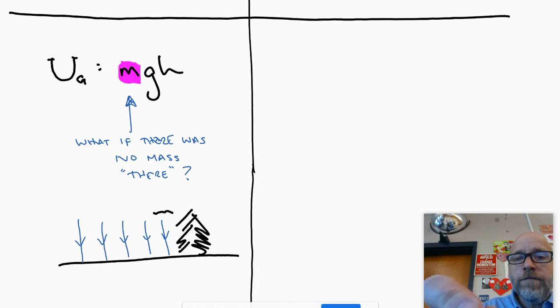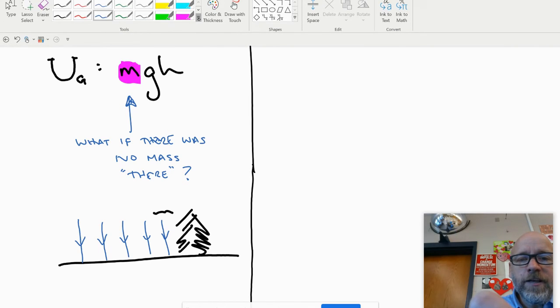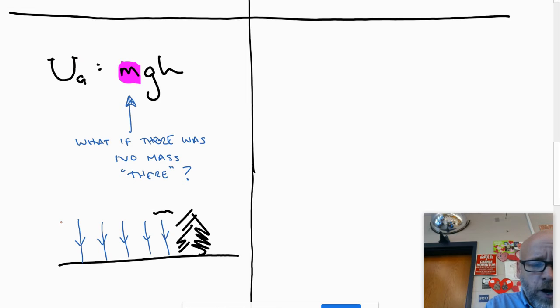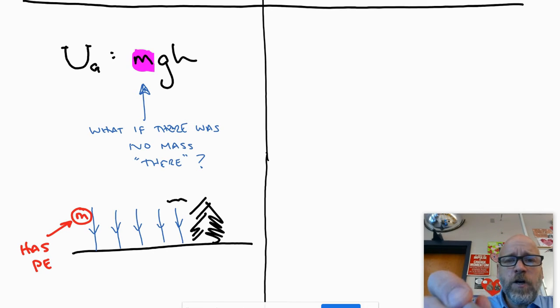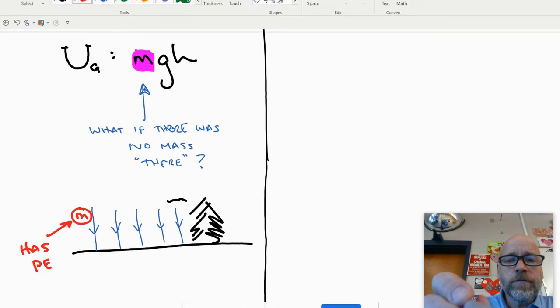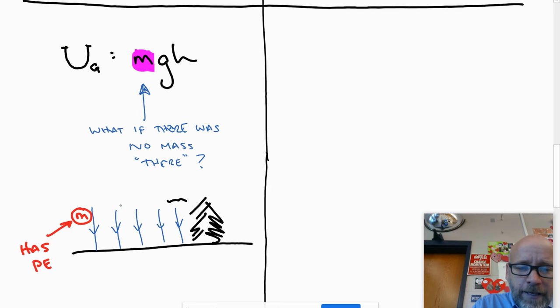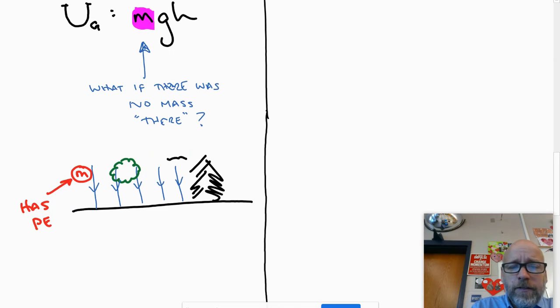Now, if I place a mass in that field, you all know that that mass has potential energy. But what if the mass wasn't there? What if we just talked about that point in space? Right here, right beside it, with no mass there. Do you know what that spot has? That spot does not have potential energy.